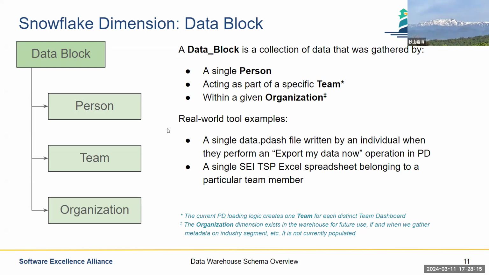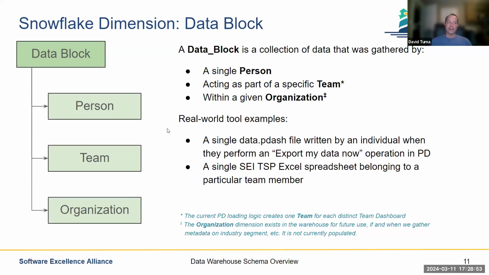At some point, one of our goals as a data warehouse working group is to go back and look at some of the metadata that was gathered by the SEI on things like industry segment, for example whether people were working in online retail or embedded or military or pharmaceutical, medical stuff, and try to find some of that metadata from the projects that were collected, and then backfill that into the database.